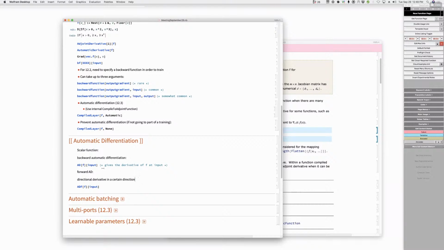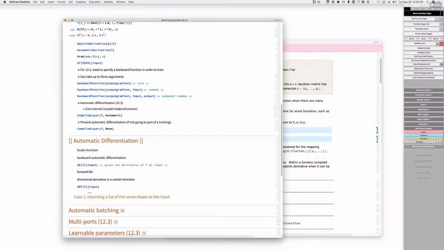So let's enumerate these. Case one is returning a list of the same shape as the input.